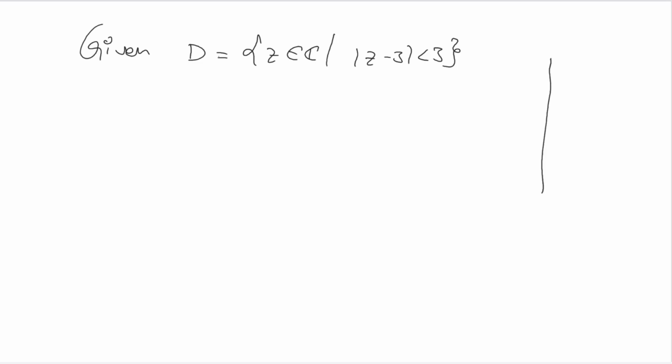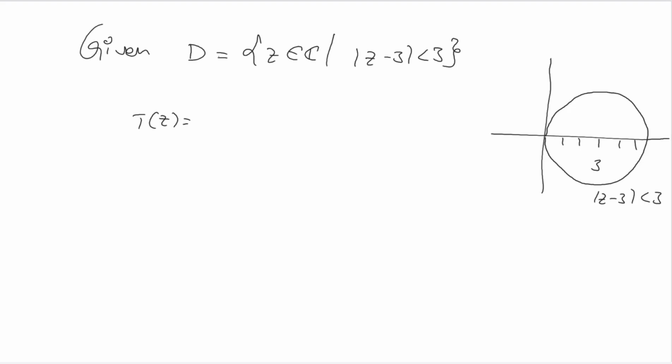So this circle, when we assume this is 3, we get approximately this circle: modulus of Z minus 3 is less than 3. Now to check the image of this circle under this bilinear transformation T of Z equal to (6 minus Z) divided by Z, we assume this as W, and here we can follow two ways.